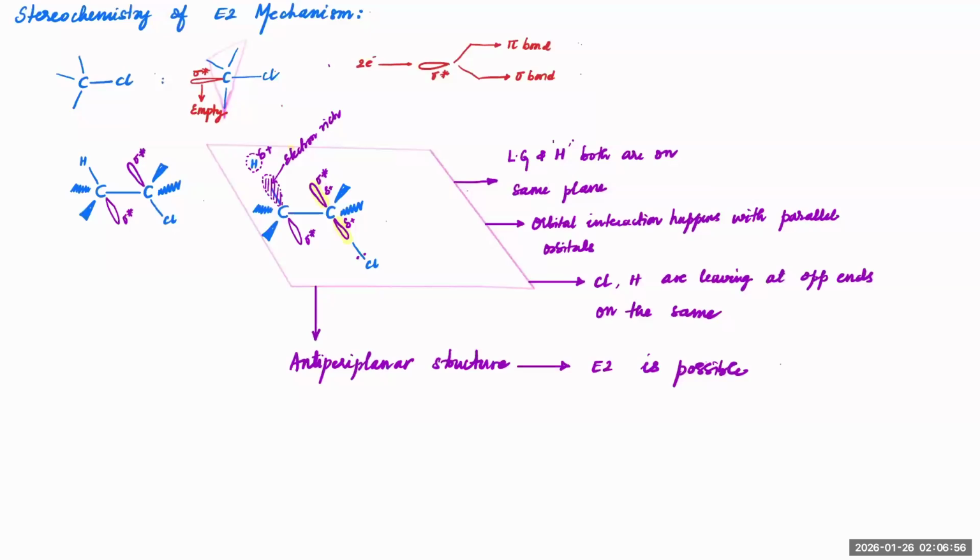That's why the leaving group, chlorine, and the hydrogen, which is being extracted by the base, both should be on the same plane but go in the opposite direction. So if elimination has to happen, the molecule has to rotate and go through different conformations, so that in one particular conformation, chlorine and hydrogen are completely opposite to each other and on the same plane. Then it is possible for elimination.